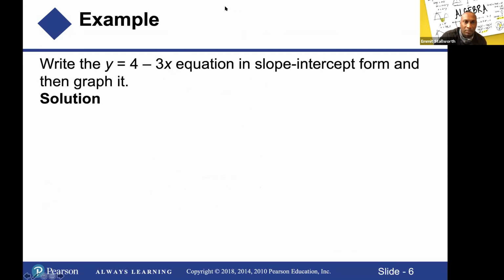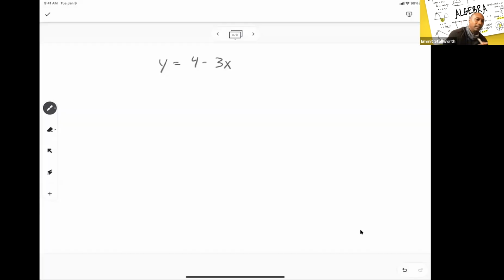So that's what we're going to do. Remember that slope-intercept form looks like this, guys: y is equal to mx plus b, where the x portion is on the left. We got a problem right here. But we can do that, guys.